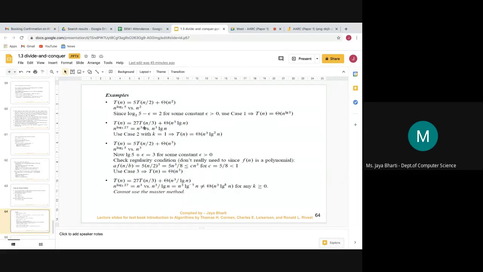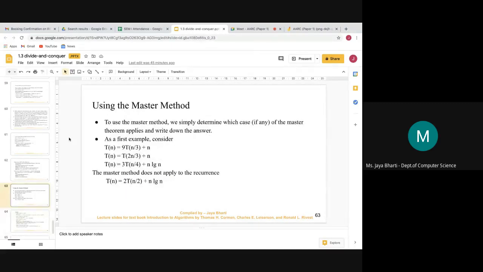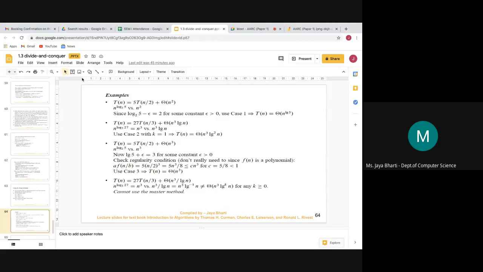So we have multiple examples. Okay, so in this case, this example you can see this one. The T of n is equal to 27 T of n by 3 plus n cube log n. Okay, so in this case you need to compare these two, n cube log n and n to the power log 27 base 3.